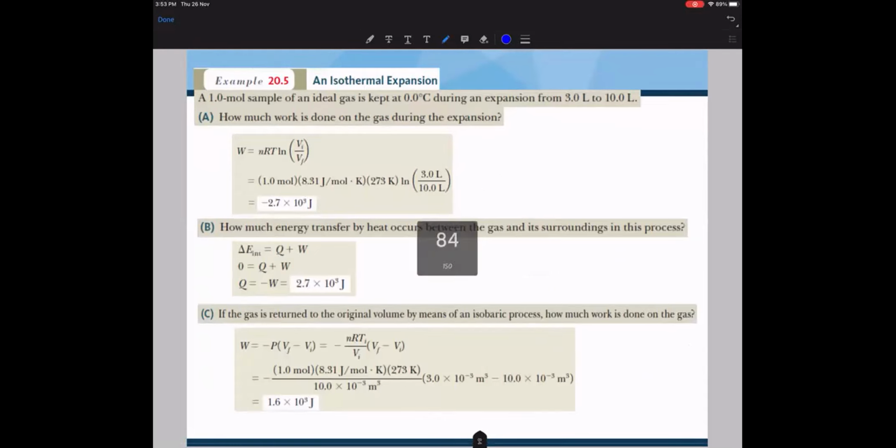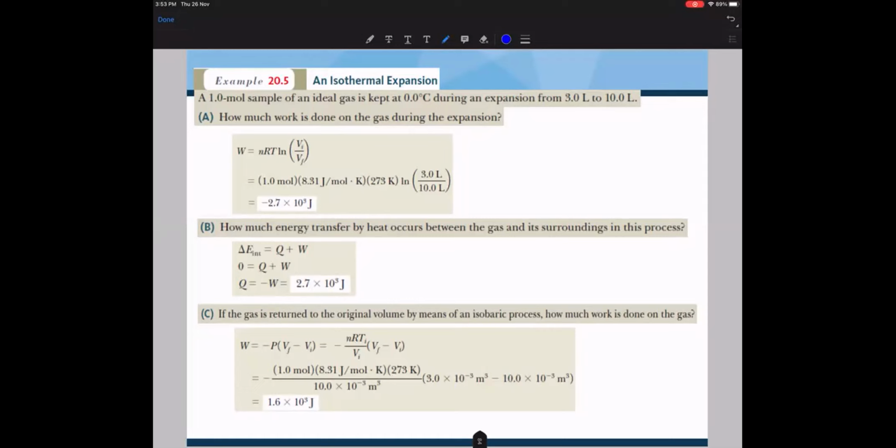Okay, now let's take a look at an example. Here you have 1 mole of an ideal gas at 0 degrees C, expanding from 3 liters to 10 liters. In part A, you are asked how much work is done on the gas. So the gas is the system. How much work is done on the gas during the expansion?